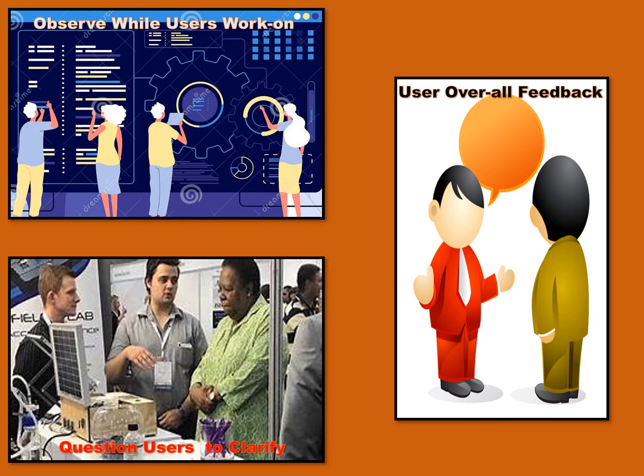Another important thing here is we need to have better observation while the users work on our product, to make them feel more comfortable. Next one, we need to question the users to clarify their experiences, for our better understanding of their feelings.